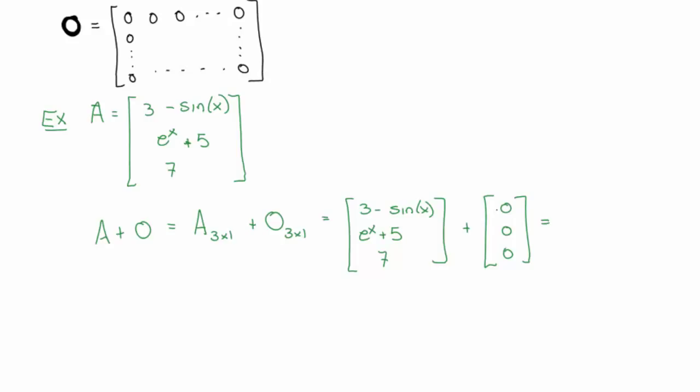And then when you add those element by element, it just brings you back to A: 3 minus sine of x, e to the x plus 5, and a 7, which is the same thing as A. So that's why we call it the additive identity, because when we add it to any object, specifically a matrix, it brings back the original matrix. So it is the identity.